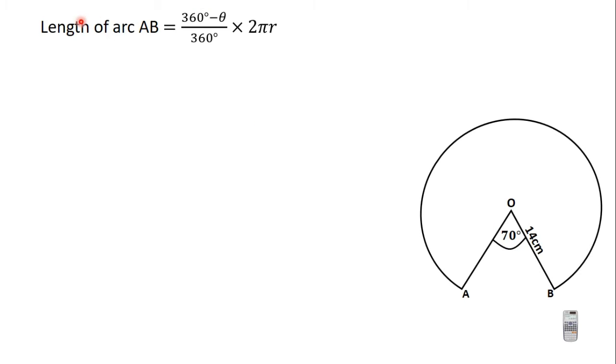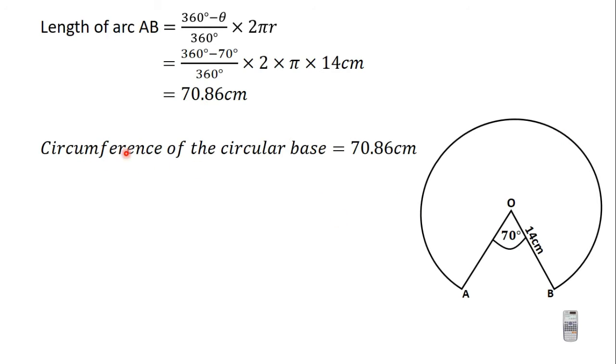So the length of this major arc will be (360 degrees minus 70 degrees) divided by 360 degrees times 2 times pi times 14 centimeters. You find this on your calculator and you have 70.86 centimeters. This is the length of the arc AB, and it is also the circumference of the circular base of the cone, 70.86 centimeters.